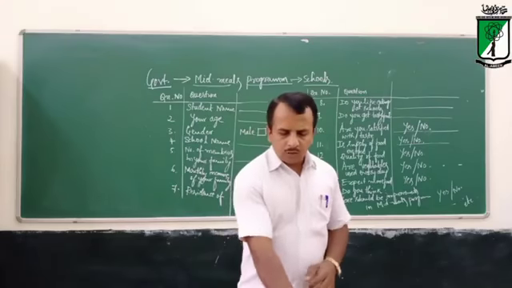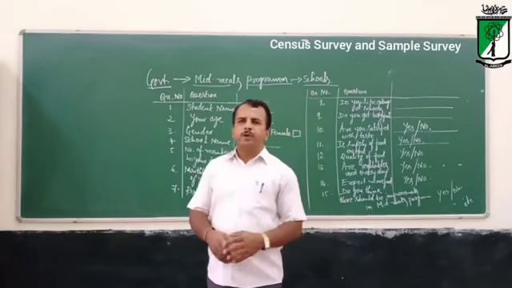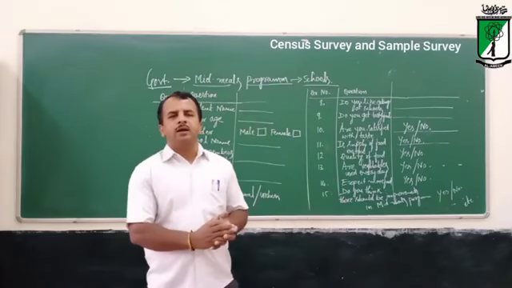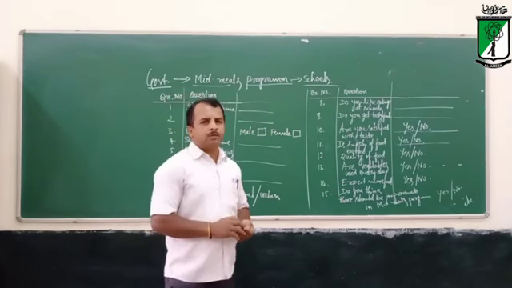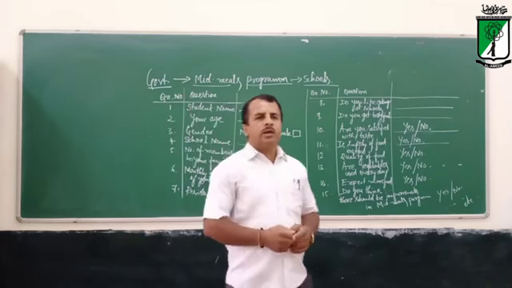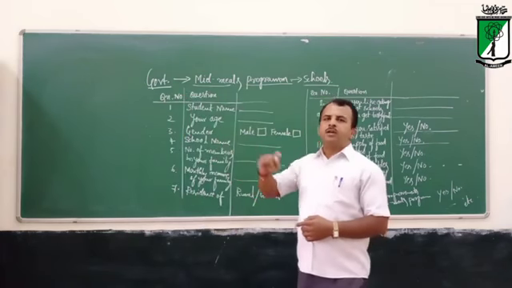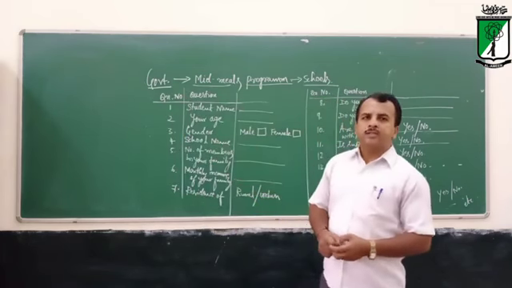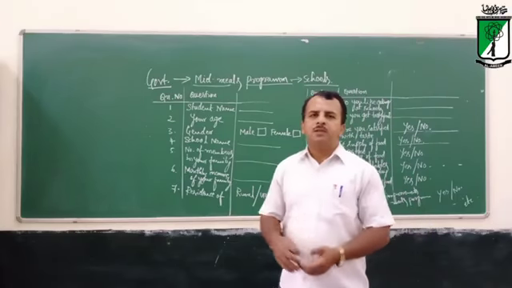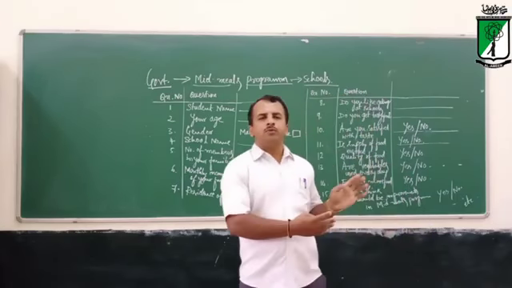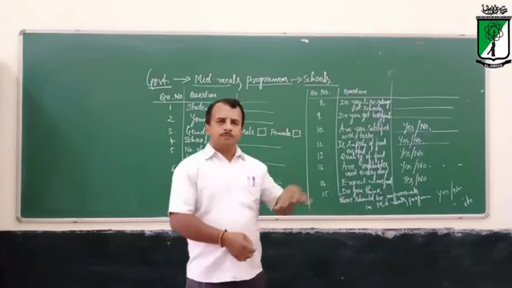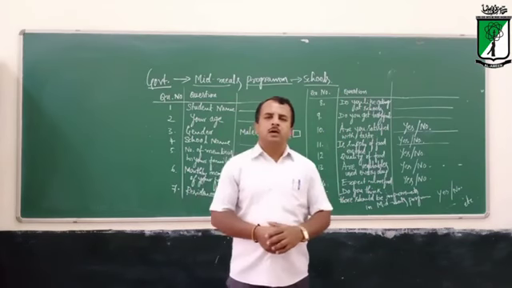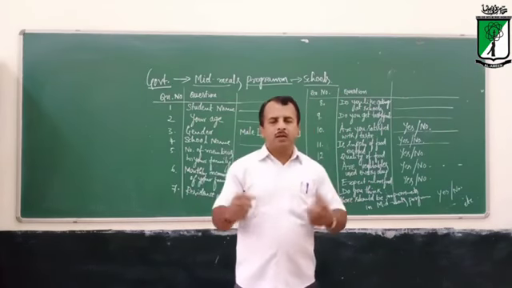Then I also explained the differences between census method and sample survey. Under census, we consider each and every unit of the universe or population, whereas under sample survey, we select only a group of people or some selected families to collect the information.